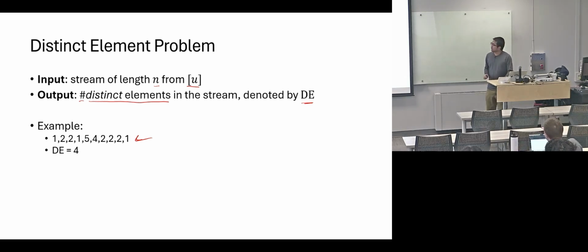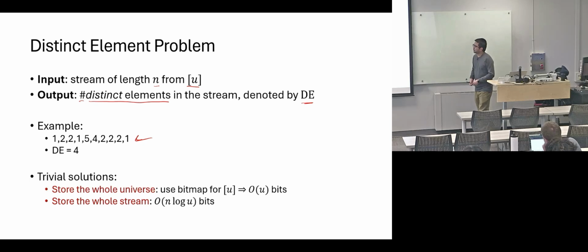Well, there are some straightforward solutions. One is to store the whole universe: you have a bitmap for everything in the universe, and once you've seen something, you mark it as seen. That takes u bits, but u is huge. On the other hand, you can store the whole stream.